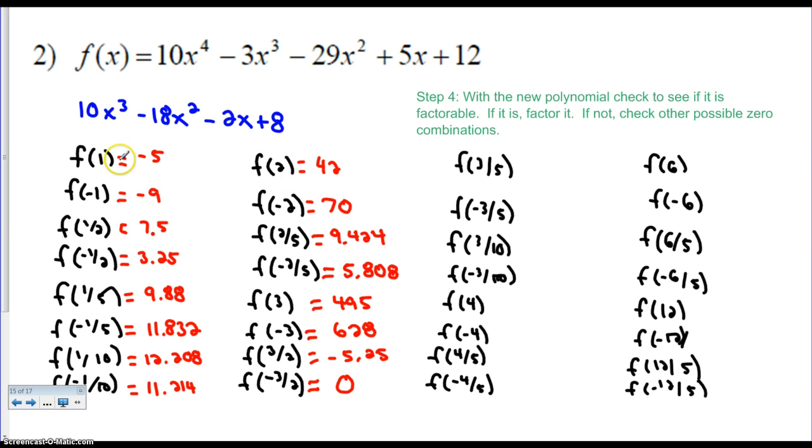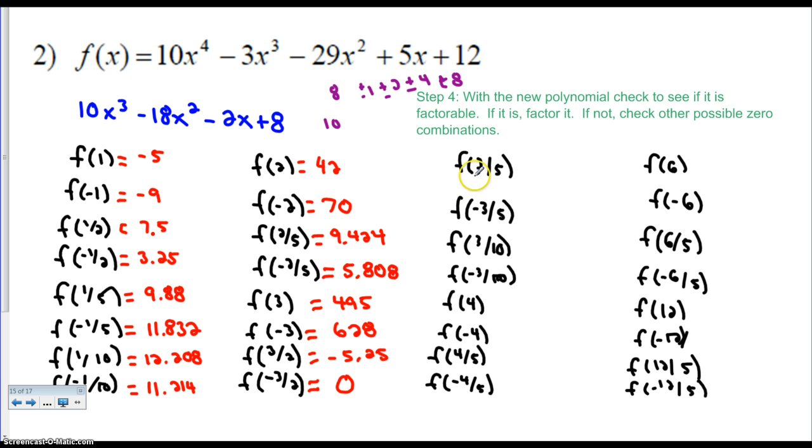So, these are all the zeros we came up with at the beginning. I'm not going to have to plug them all in, because my constant term is 8, and my leading coefficient of this is 10. So I know it's going to be plus or minus 1, plus or minus 2, plus or minus 4, and then plus or minus 8. If I don't see 1, 2, 4, or 8, I can cancel those out.